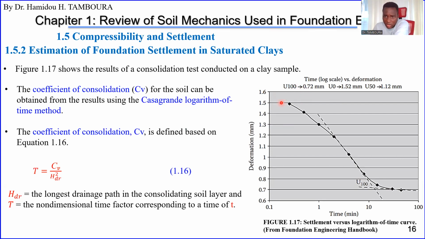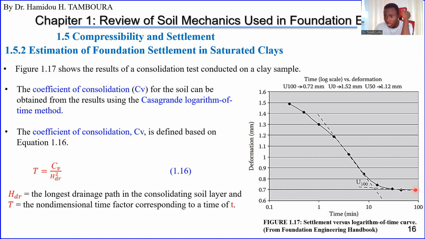As you can see in this figure, it decreases like this, the volume is decreasing, the sample is deforming, and at a certain point it's not deforming anymore. That means you have reached 100% of your consolidation.